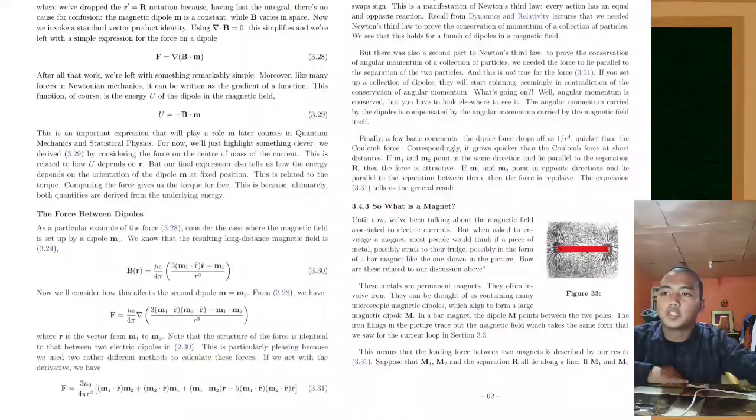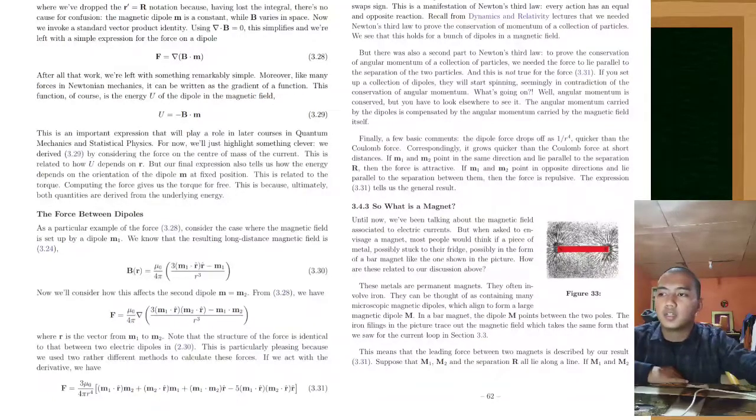This is an important expression that will play a role in later courses in quantum mechanics and statistical physics. For now, we will just highlight something clever we derived by considering the force on the center of mass of the current.